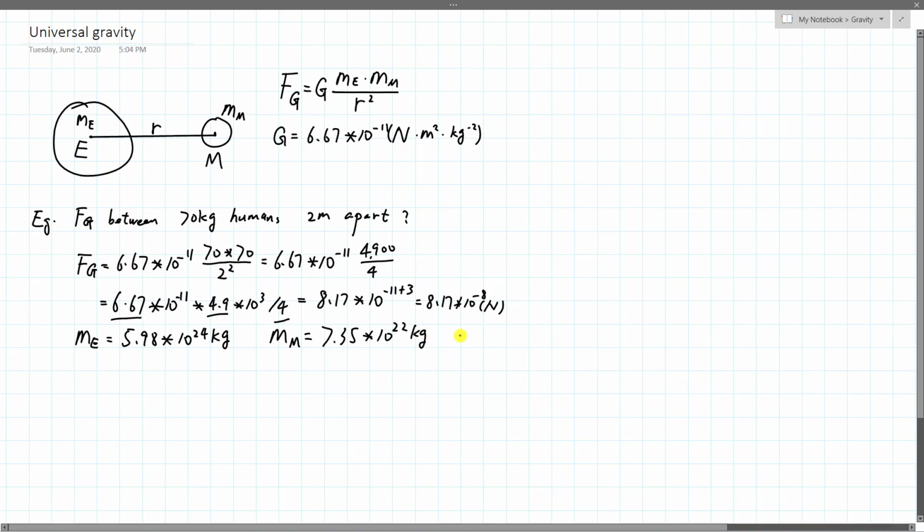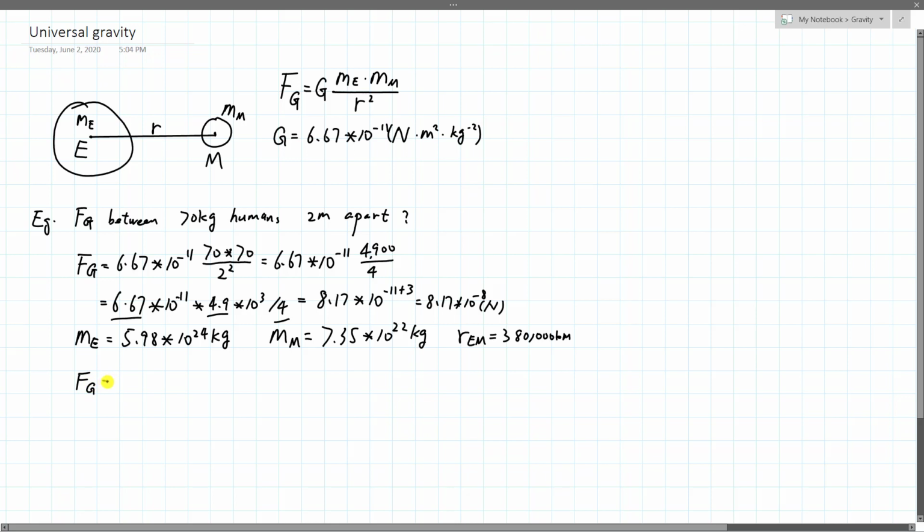We also have the distance between the Earth and the Moon, usually an average distance of 380,000 kilometers. So let's calculate the force between these two objects.